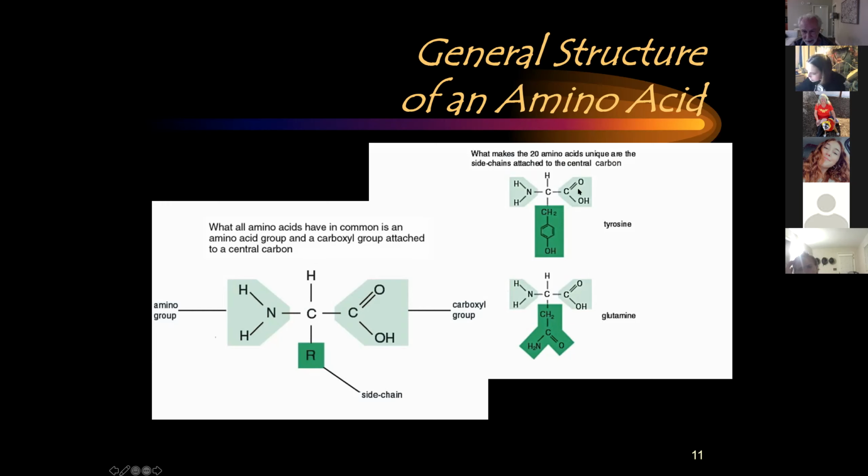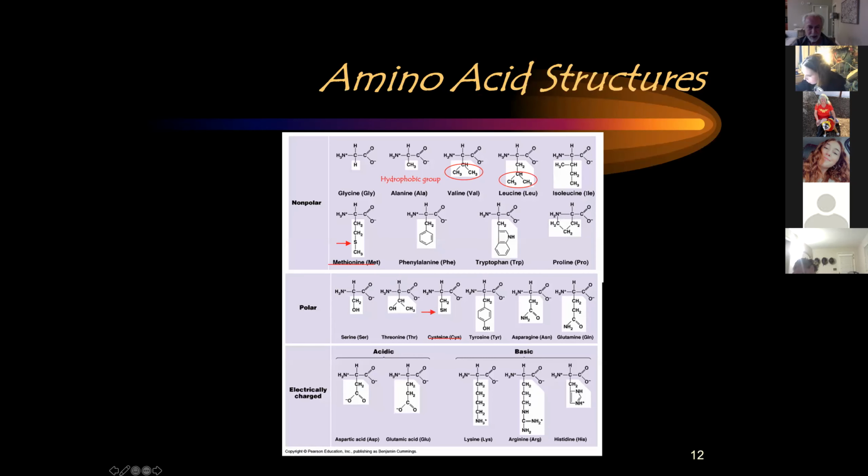So if you just compare tyrosine and glutamine, they both have the same carboxyl and amino ends, but they differ in their side chains. And if we again look at the whole set of amino acids, all 20 of them, there they are. They're all identical to each other, except each of them has a different side chain.